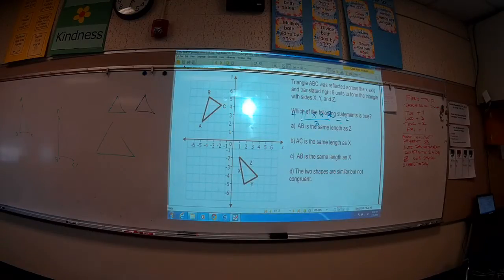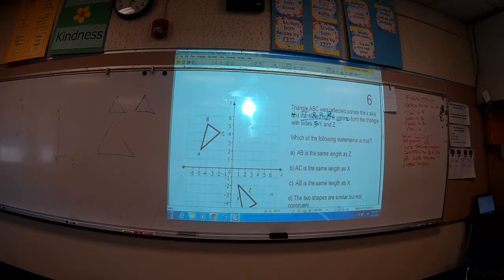I don't think you're doing it right. Oh, he says a right triangle. Negative 5, 1. Then I rotate it 180 degrees. This is the new triangle.